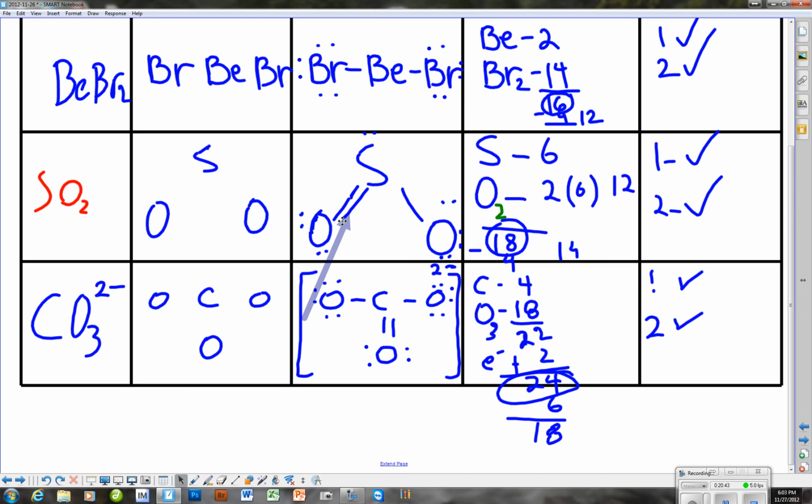He had this guy, 2, 4, and 6, and when we add this guy in by taking 2 away from oxygen, which we did earlier, we wound up with a double bond over here, a single bond here, and we now have 2, 4, 6, 8 electrons on this oxygen, 2, 4, 6, 8 electrons on the sulfur, and 2, 4, 6, 8 electrons on this oxygen.